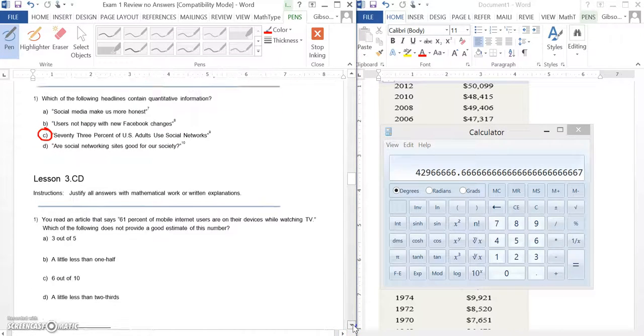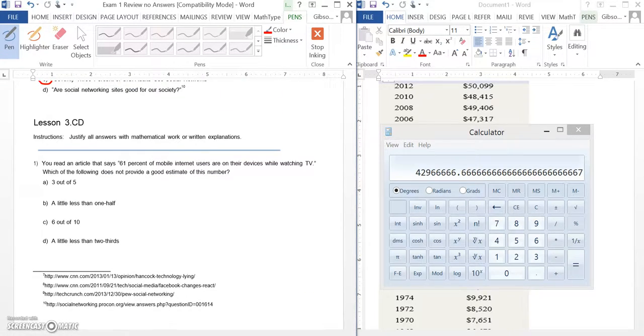Okay, now we look here at lesson 3CD. It has the same instructions: justify all answers with mathematical work or written explanations. We have number 1 here. It says you read an article that says 61% of mobile internet users are on their devices while watching TV. Which of the following does not provide a good estimate of this number? We look here at 3 out of 5.